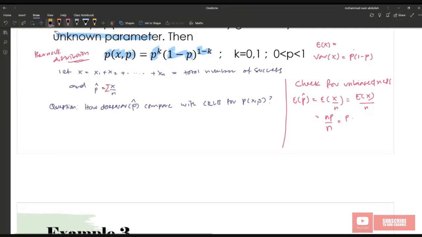The expected value of X is equal to p, and then baru dia equal to p. So this is a summation of X. I think something is wrong with the question, right?